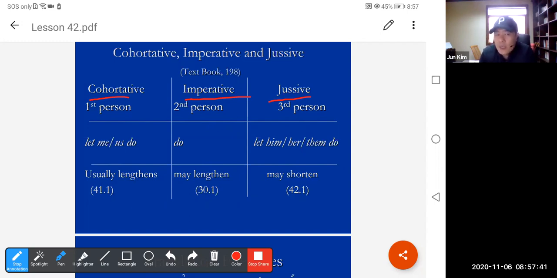Of course, the cohortative and jussive will be coming in the form of a prefix. But in terms of the indicator of the cohortative, what do you need to remember? The most important indicator? Yes, the ah, he, ending. And the translation is let me or let us.